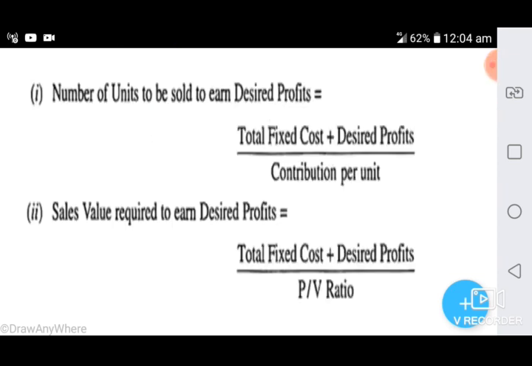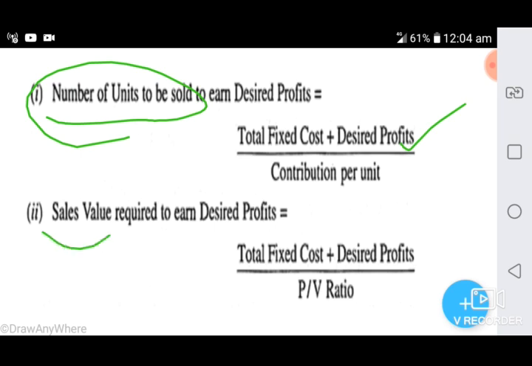Another one, number of units to be sold to earn desired profit equals total fixed cost plus desired profit divided by contribution per unit. Then the sales value required to earn desired profit equals total fixed cost plus desired profit divided by PV ratio.